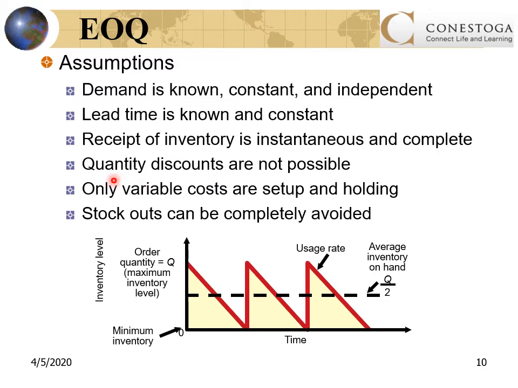The next assumption is there are no quantity discounts in this process. So whether I order 50 items or, say, 100 items, I do not get any discount on the quantity. The different costs which we are considering here are the setup cost and the holding cost, and stockouts can be completely avoided.